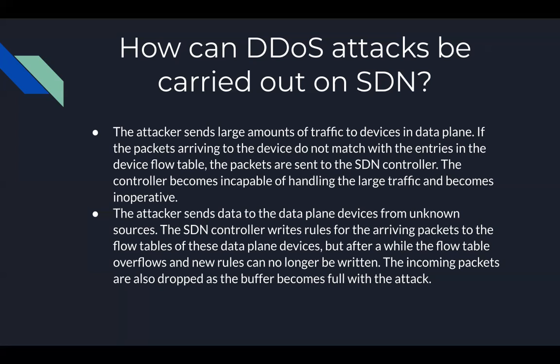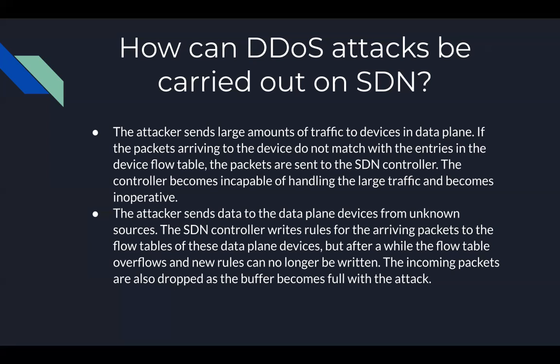Now, if a lot of such packets are sent to the SDN controller, because they are attack packets there will be a lot of them, then the SDN controller becomes incapable of handling the large traffic and thus becomes inoperative. A second way in which DDoS attacks can happen on SDN is if the attacker sends data to the data plane device from unknown sources. In this case, the SDN controller writes routes for the arriving packets to the flow tables of the data plane devices.